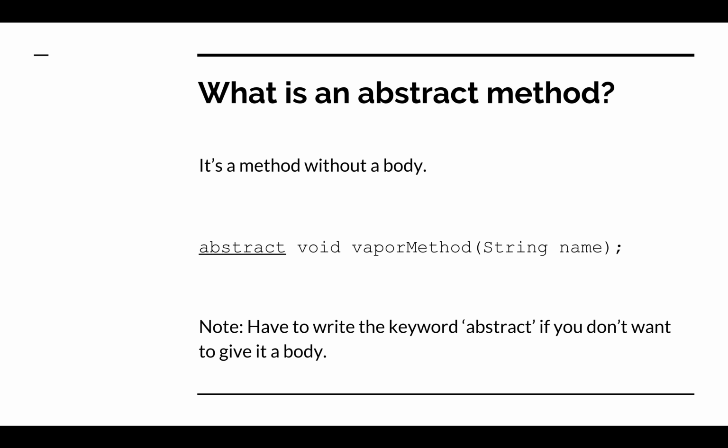Does that make sense? That's like one reason. And there are multiple reasons why you would want to have this in real life. Like if you have a list, for instance. Now, it's not a linked list, not an array list, not any specific list, just list. And you say, of course, every list should be able to add elements to itself. But how am I supposed to add to it if I don't even know what kind of a list I am?